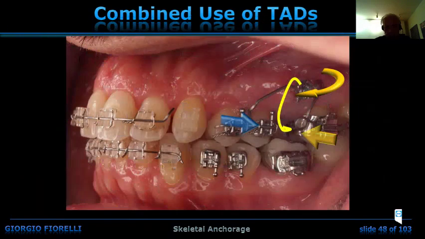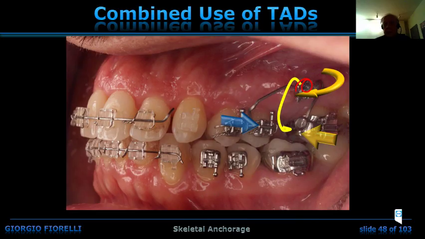This we can skip. Now, you can combine things. These are two slides I've just added because I made a post on Facebook recently. But to give you the idea of how many things, here I have a single TAD.